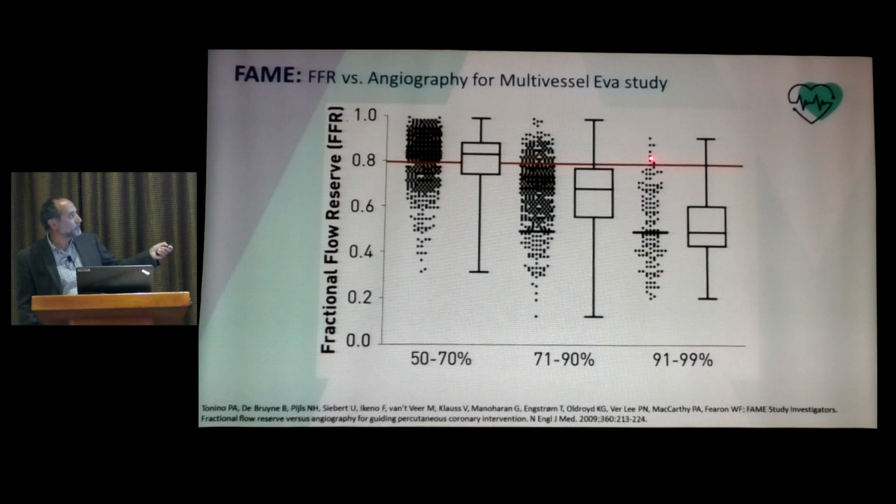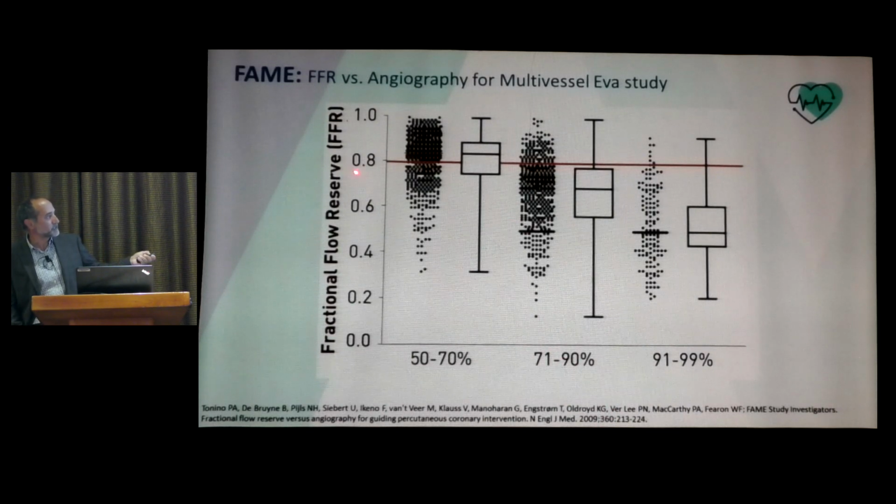Very few patients will have normal FFR and will not need any intervention. So it is safe to proceed with doing a stent on these patients when they have a stenosis of over 90%. But again, look at this patient population, between 71 and 90%. Now, most of us in this room who are interventional cardiologists, if we see a lesion that is 80% or 70%, will automatically, immediately proceed to putting in a stent without even asking the question of whether this lesion is hemodynamically important or not.